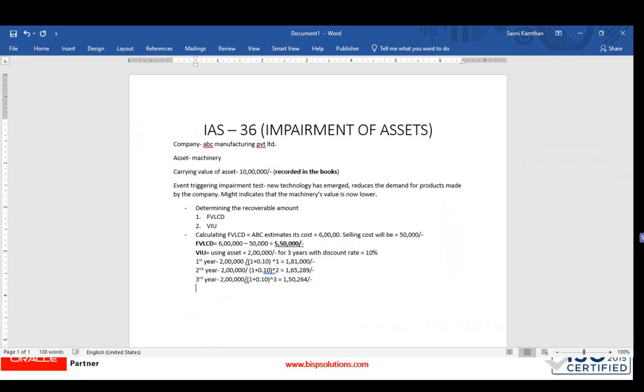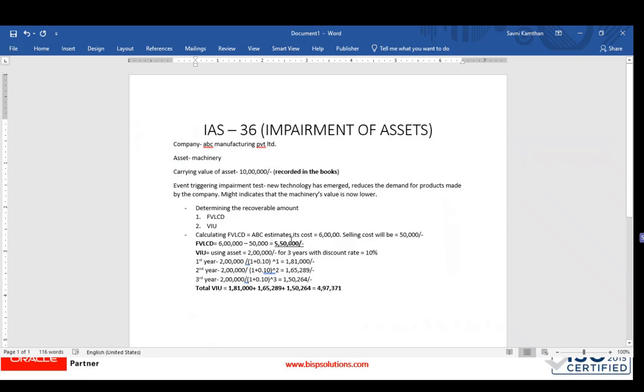So if we want to calculate total VIU, we have to add 1,81,000, then 1,65,289, then 1,50,264, which gives us a total of 4,97,371.